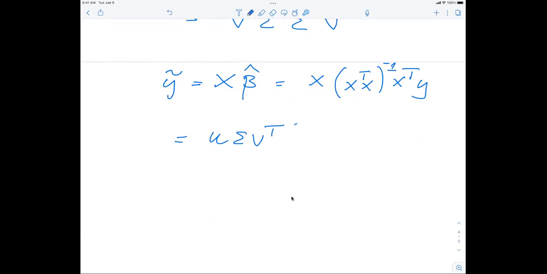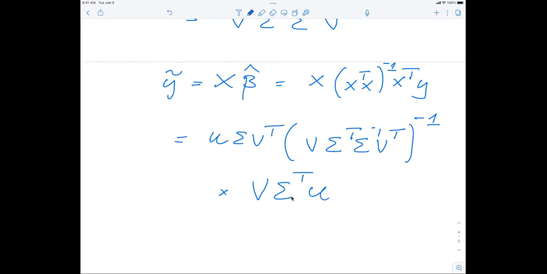Then I have the matrix I want to invert, so this is V Sigma transpose Sigma V transpose, inverse. And this is multiplied with V Sigma transpose times U transpose times y.